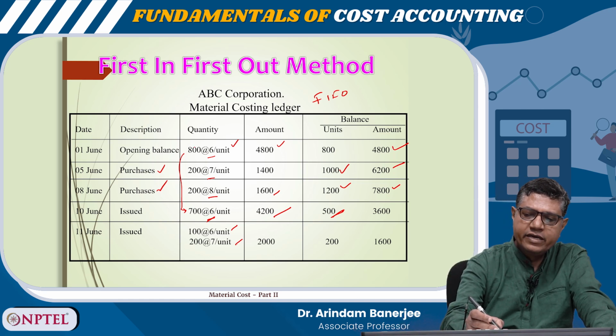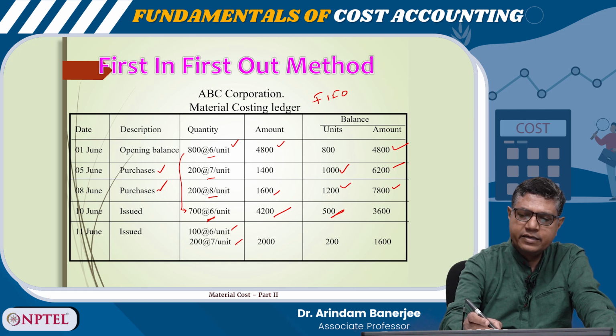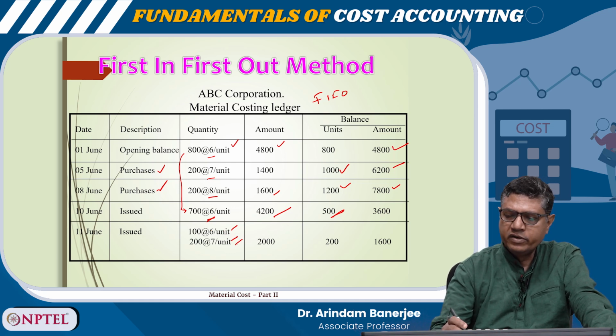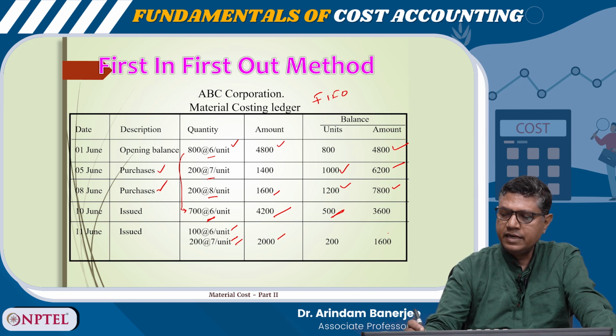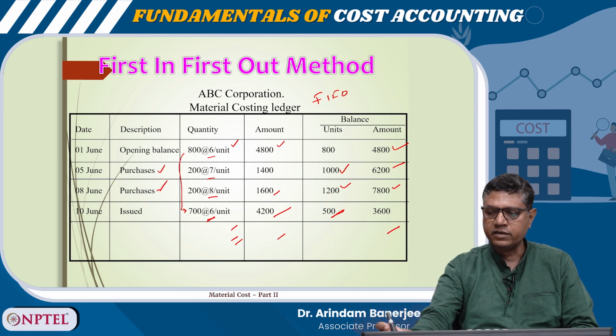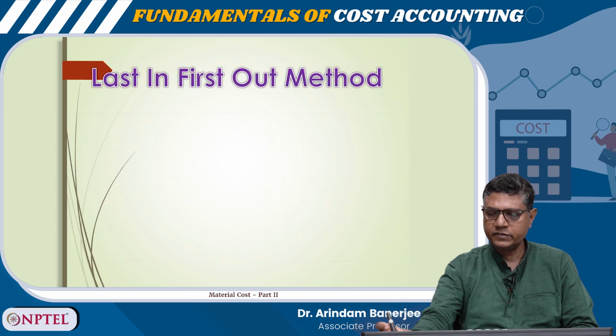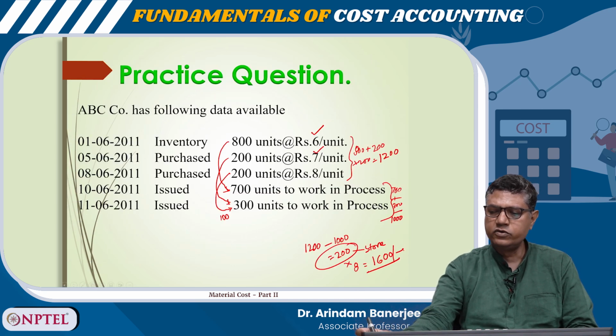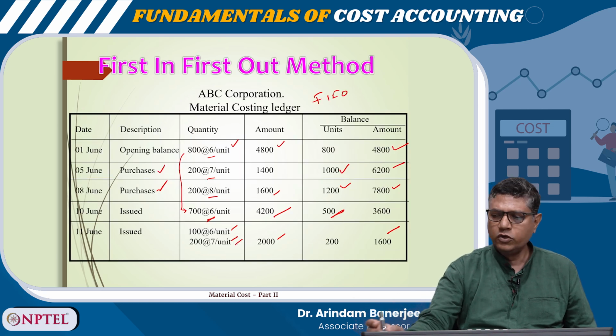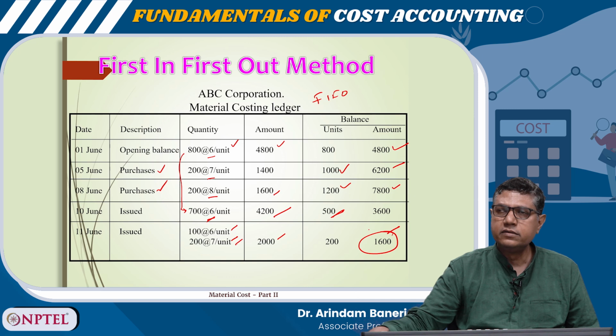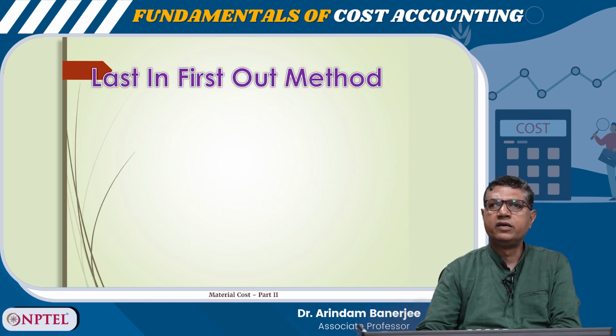So, how much is left here? 100. So, 100 into 6, and this 200 is going from here. So, it is 2000, and what is left? It is 1600 again. So, here also we calculated the balance value should be 1600, in balance.